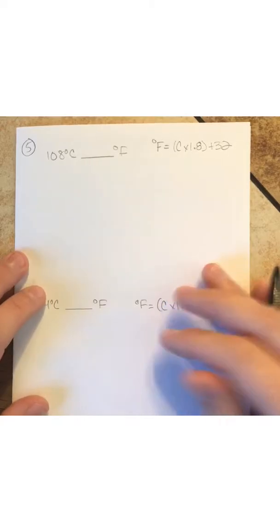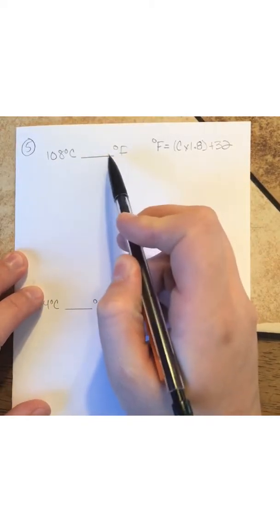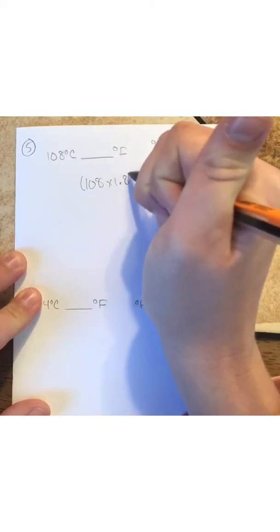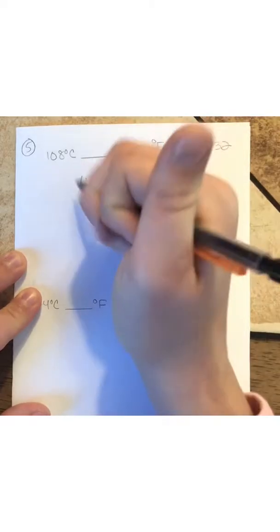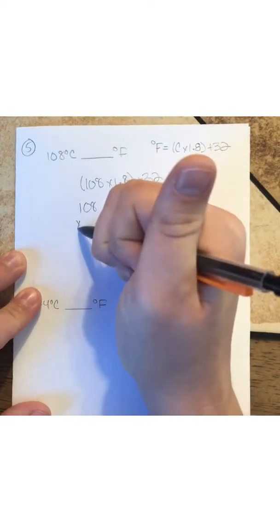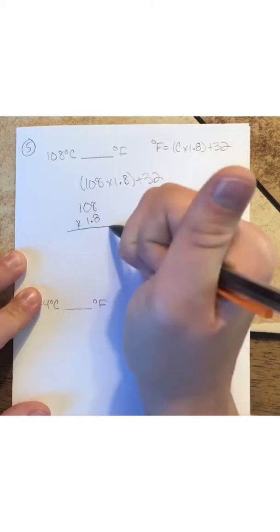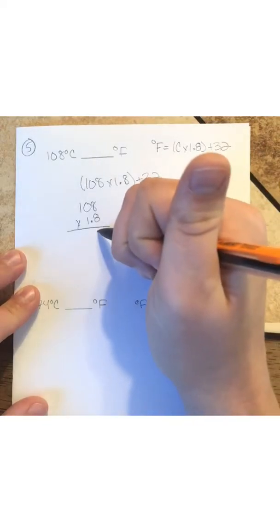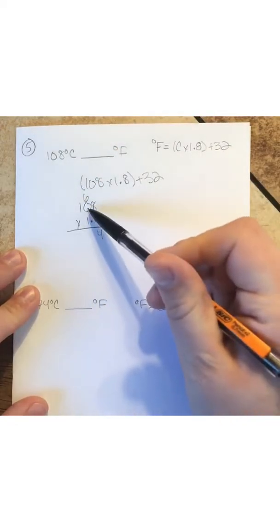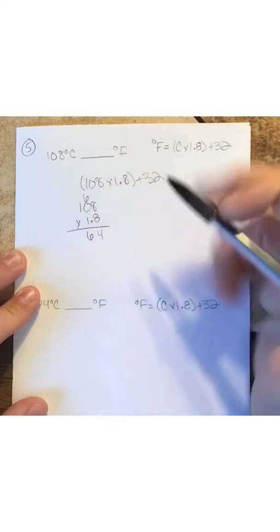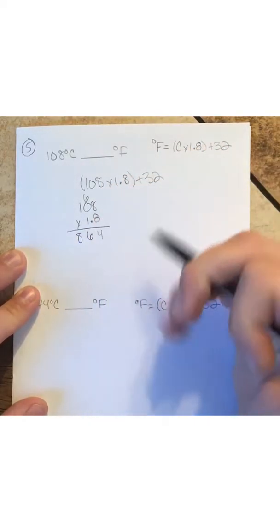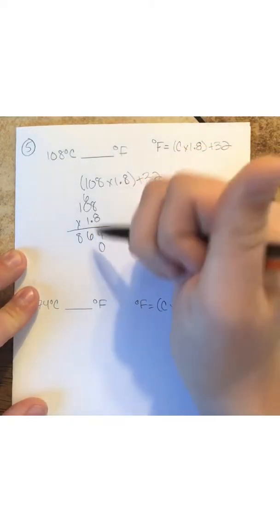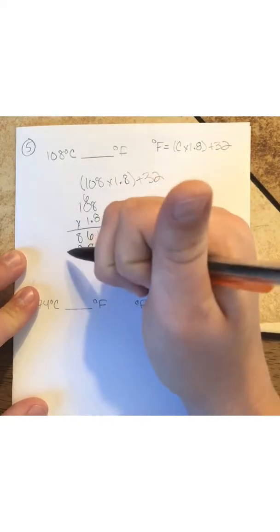Last two. I have 108 degrees Celsius equals how many Fahrenheit? So I'm going to plug that into my equation. All right, 8 times 8 is 64. 8 times 0 is 0, plus 6. 8 times 1 is 8. Make sure you're putting your 0 in your second column there. 1 times 8 is 8. 1 times 0 is 0. 1 times 1 is 1.